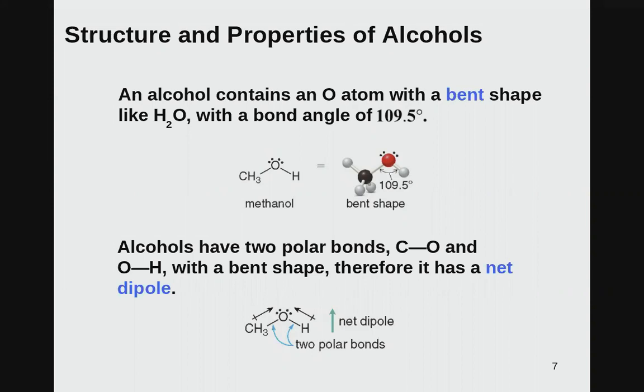Remember, a net dipole is pulling in one direction, right? It's pulling this way and this way, so it's all pulling the same direction, as opposed to something that's not a net dipole, where we would have, say, pulling this way or pulling this way. But remember, identifying when you have polar bonds, it's all about electronegativity. Oxygen, fluorine, and all the halides have very high electronegativity.